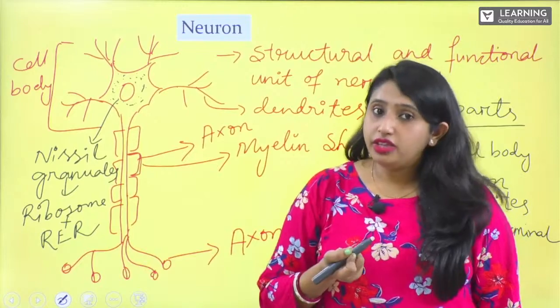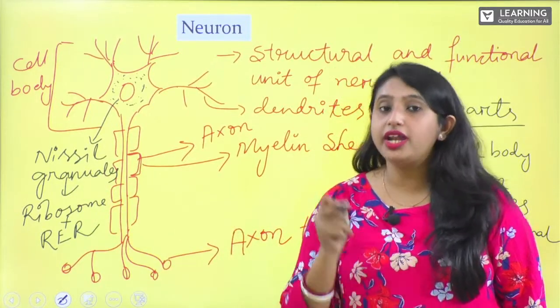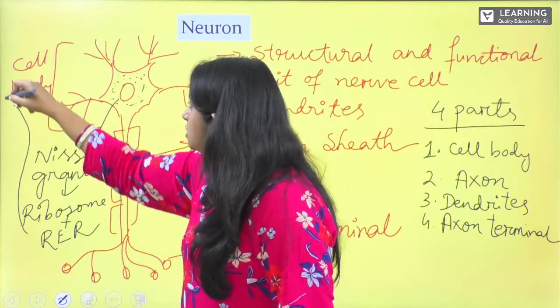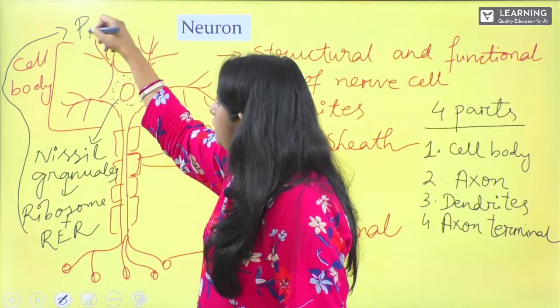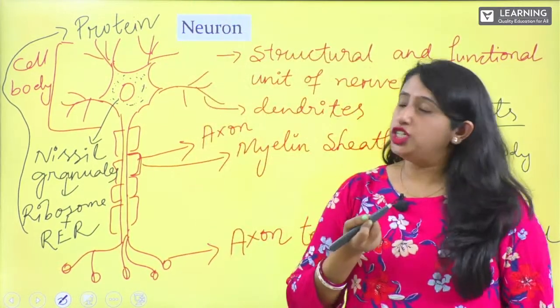Now you must know that the function of ribosomes and rough endoplasmic reticulum is protein formation. It helps in protein formation.